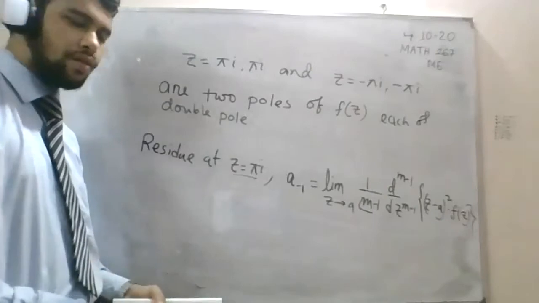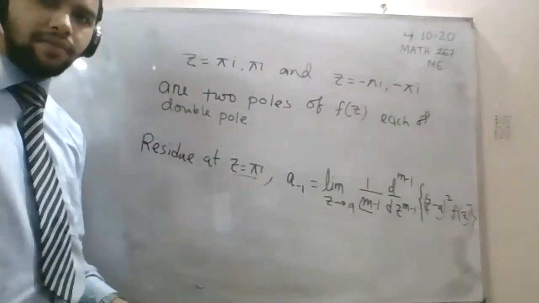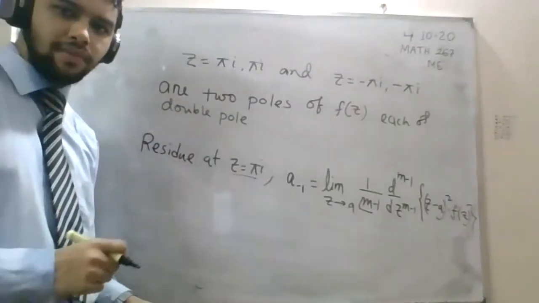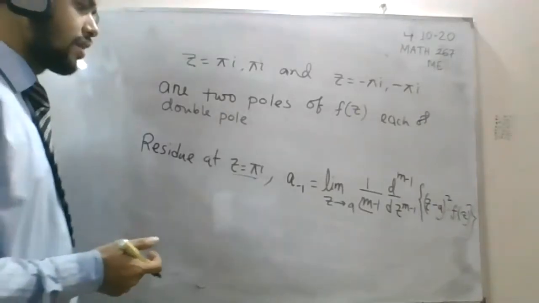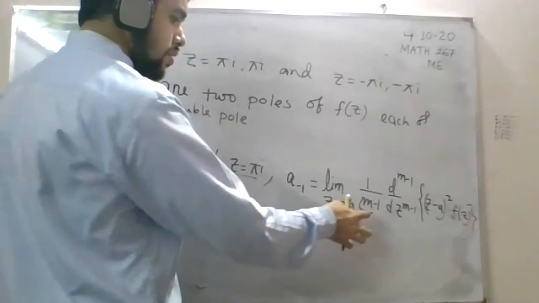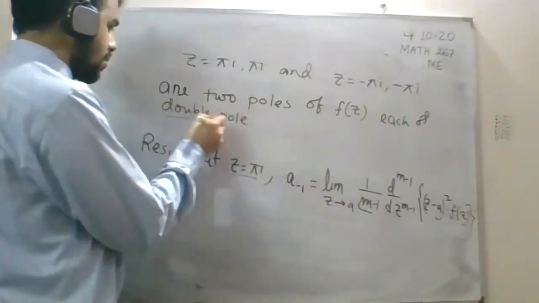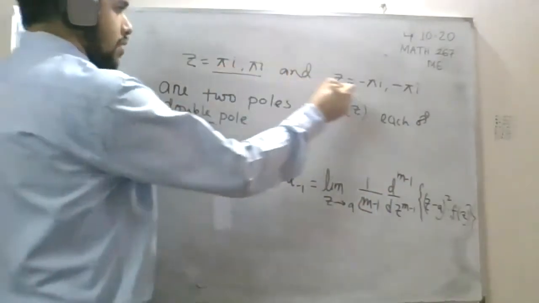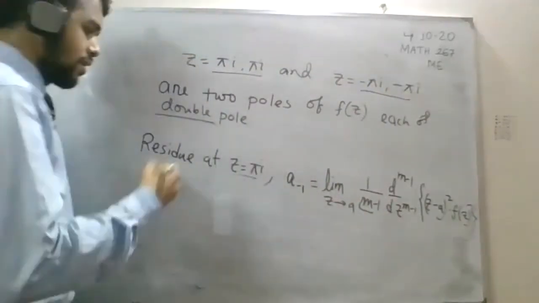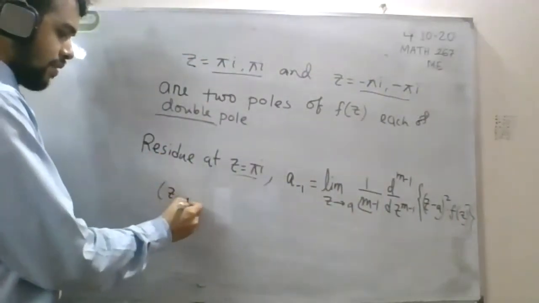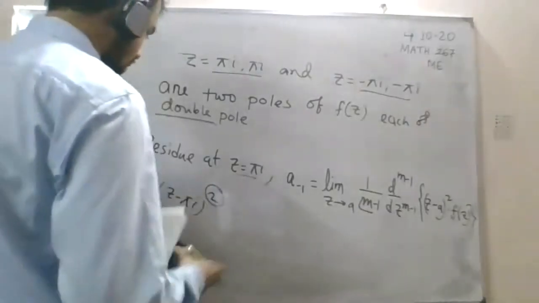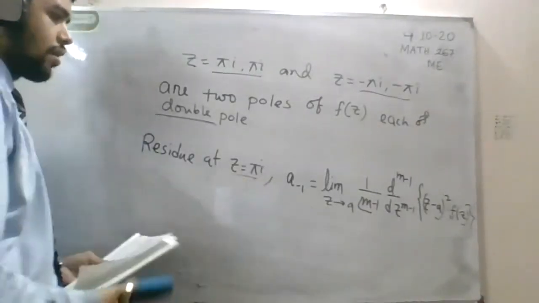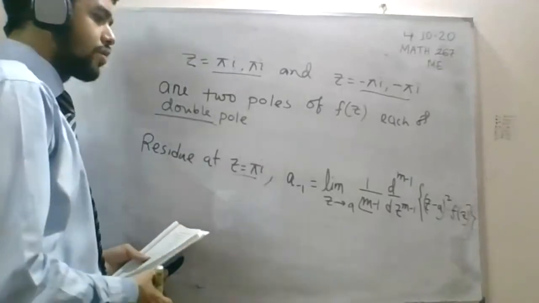What is the value of m? Yes, 2. Here the value of m is 2, because the factor is z minus pi I whole square. So you can already say that this is a double pole, and here m equals 2.